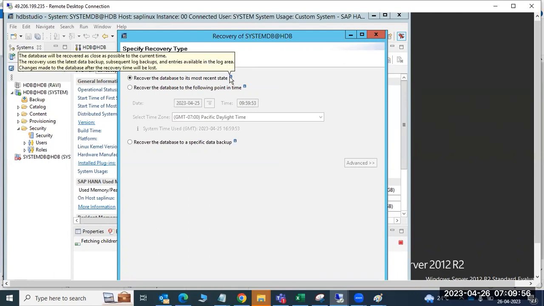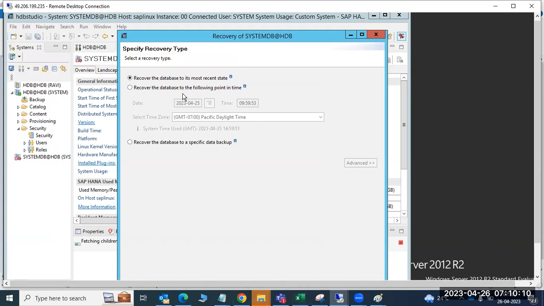The data will be recovered as close as possible to the current time, after the recovery time. Okay, that is the recovery.